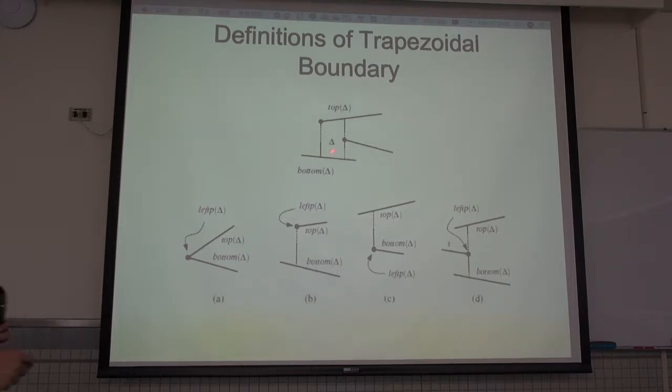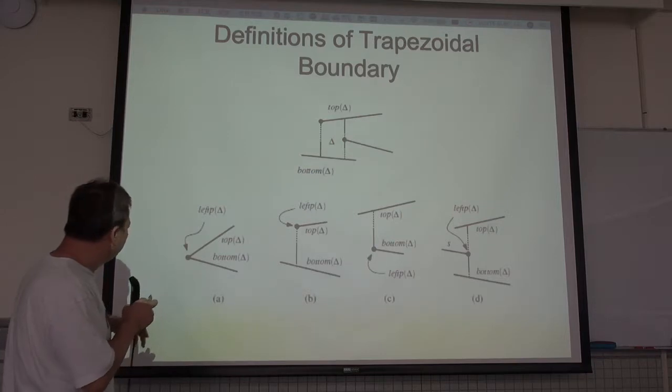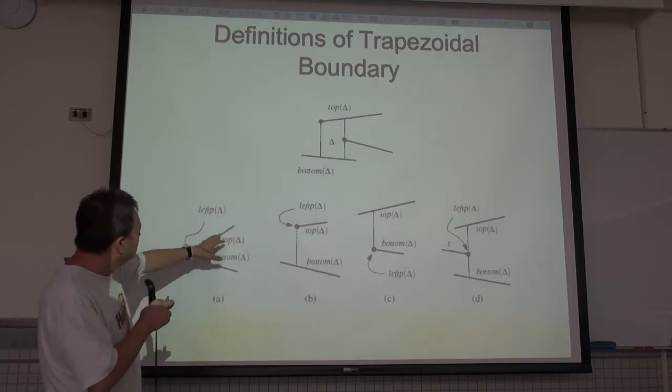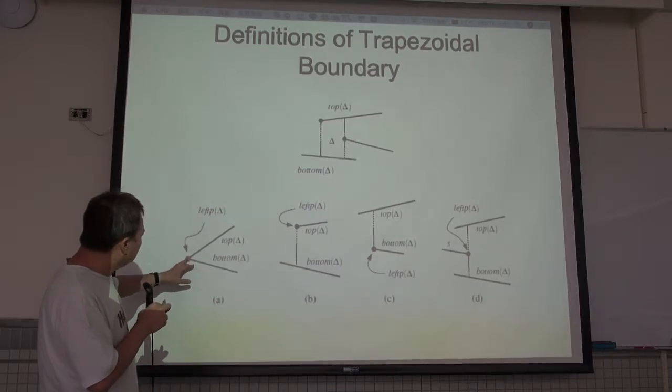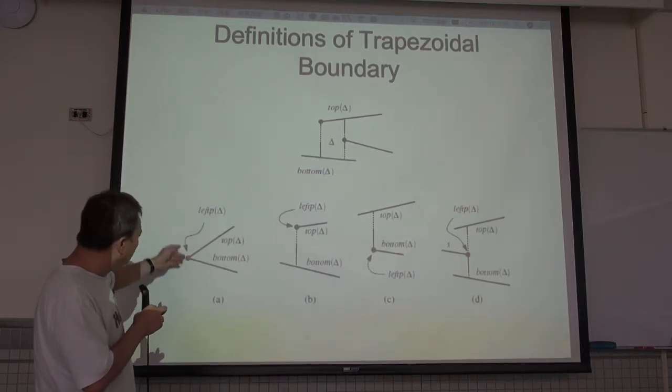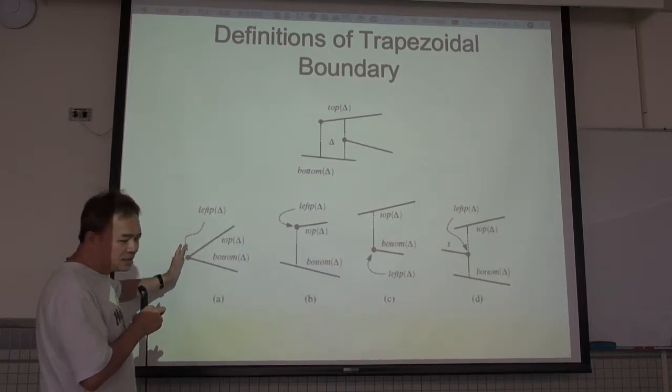So you can see, this is top, this is bottom. So for left P, this is a degenerate case, where there's only one point on the left side.